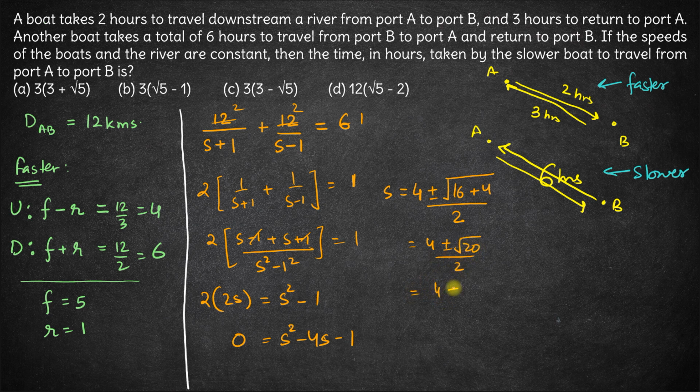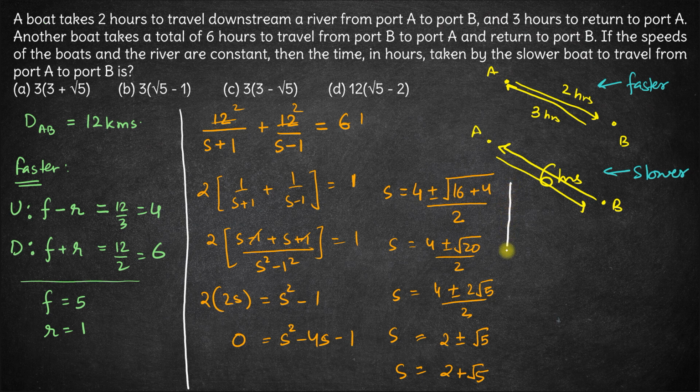So this becomes 4 plus minus 2 root 5 by 2, and this gives us 2 plus minus root 5. Now obviously root 5 is greater than 2. So we cannot have 2 minus root 5 because that will give us a negative value of speed. That's not possible. So minus root 5 is rejected. The only possible value of speed is 2 plus root 5. So s is equal to 2 plus root 5 here.